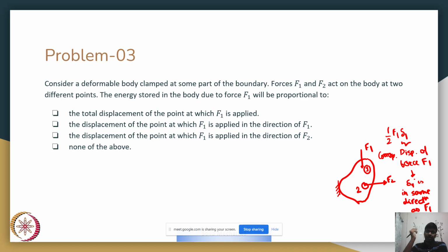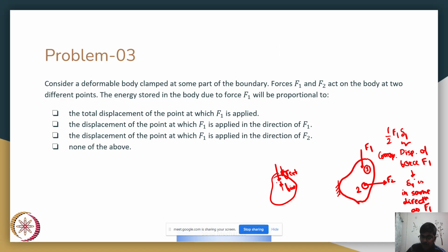So why is this the case? Because I'm looking at energy stored in the body, when I'm applying some external force F on the body, an internal force F internal will be generated, and it will be acting along the line of F1 itself, along F external, which is the external force.